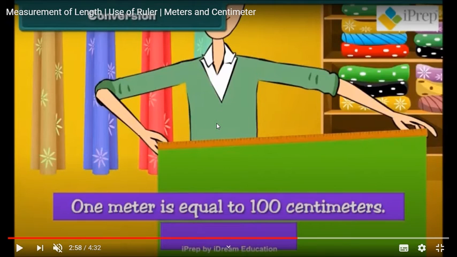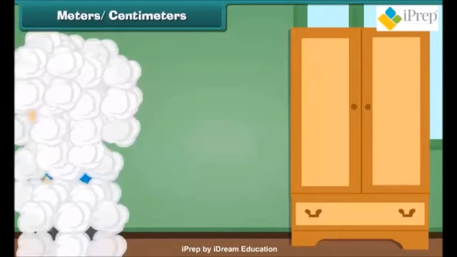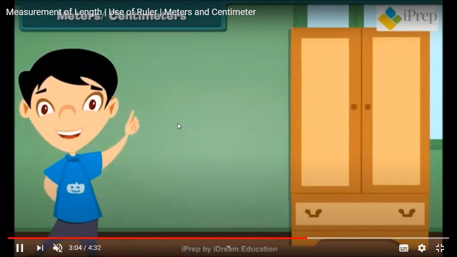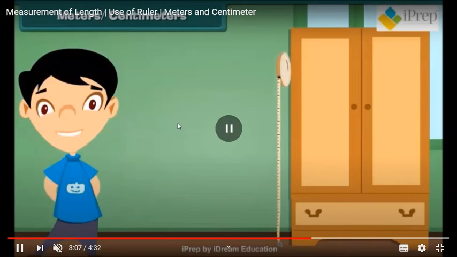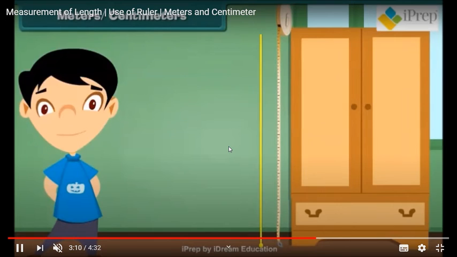1 meter is equal to 100 centimeter, and 100 centimeter is equal to 1 meter. See, this is an almirah. We are measuring with the measuring tape, not a ruler. Please note, we are not using any ruler because compared to the almirah, the ruler is so small.